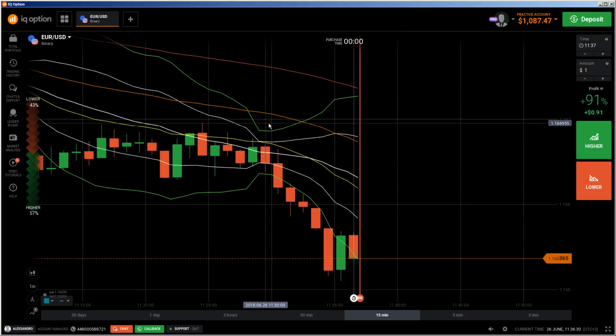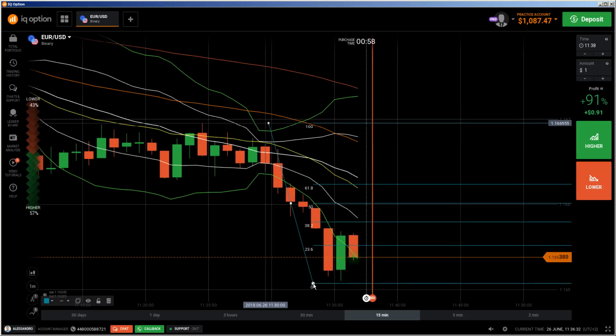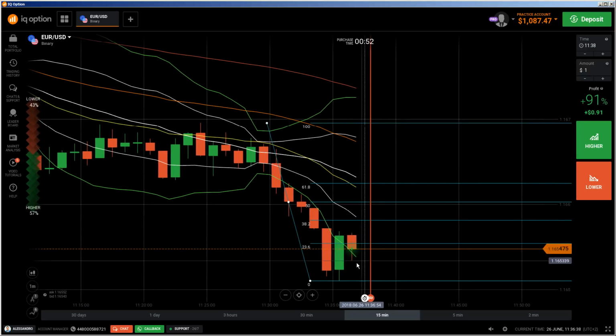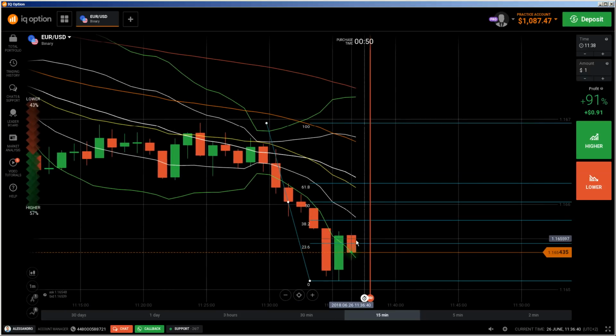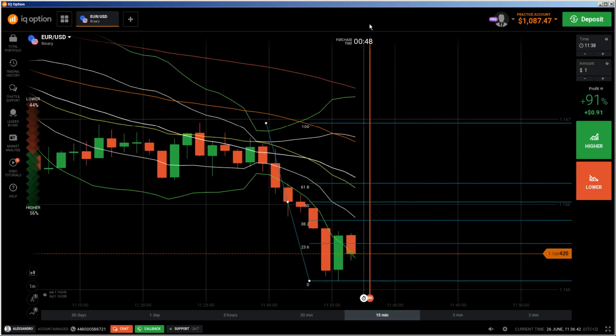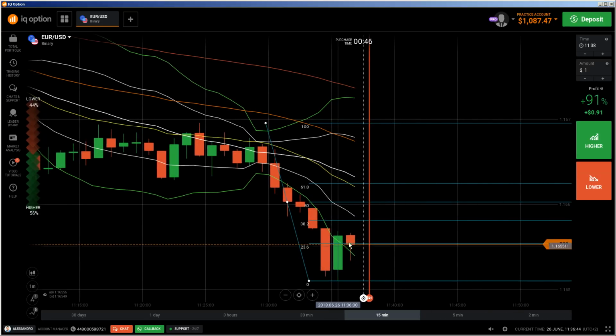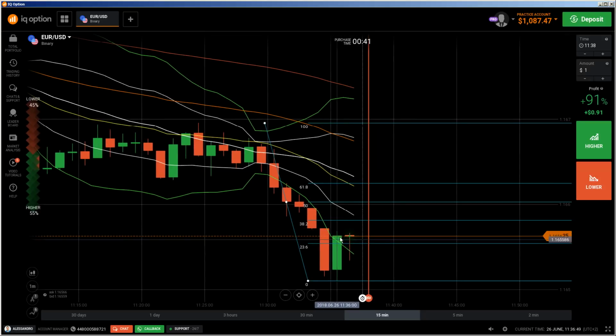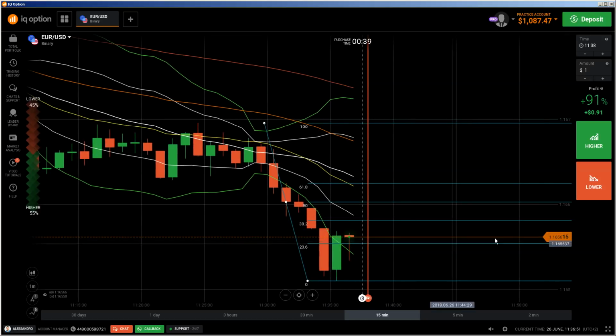So I will draw this from here to this. So I see what's happening here. Okay, it was a fake breakout of the 23.6. Maybe it will retrace now to this level, but the purchase time is wrong at the moment. You see it's retracing now, which shows me that we maybe get a good reversal here now.